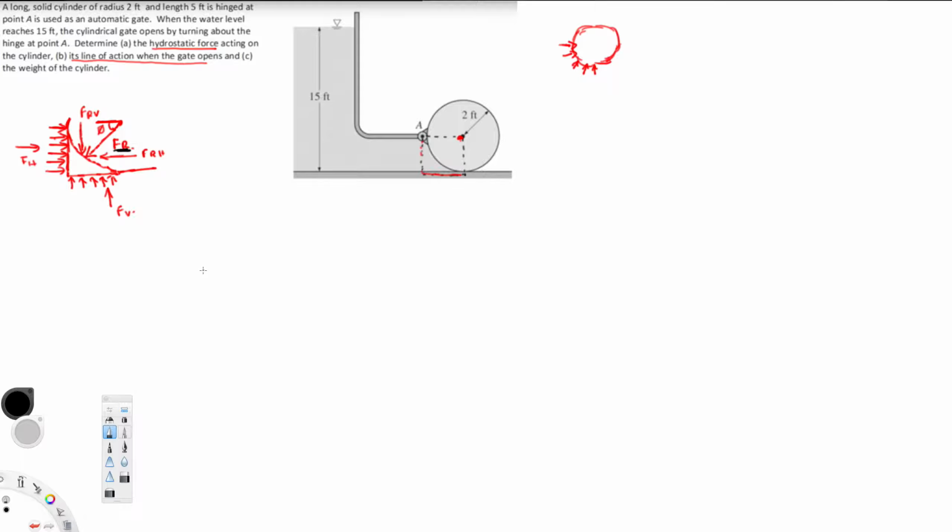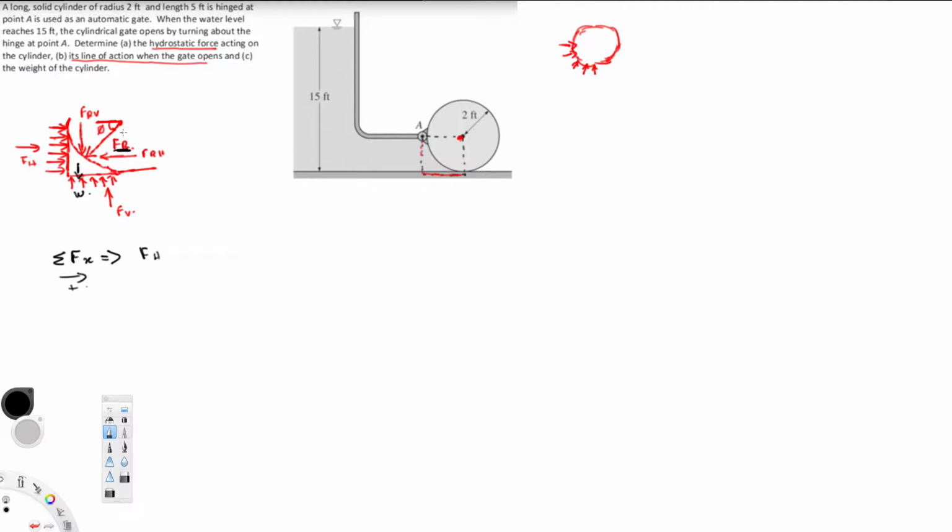So let's create an equation. If I take the summation of forces, also we are going to have the weight of the water, W, that's another force. Now if we take the forces on the x-axis, let's say this is positive, so FH in the positive direction.